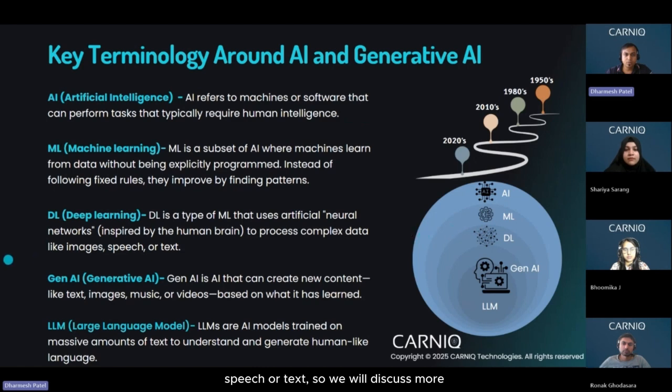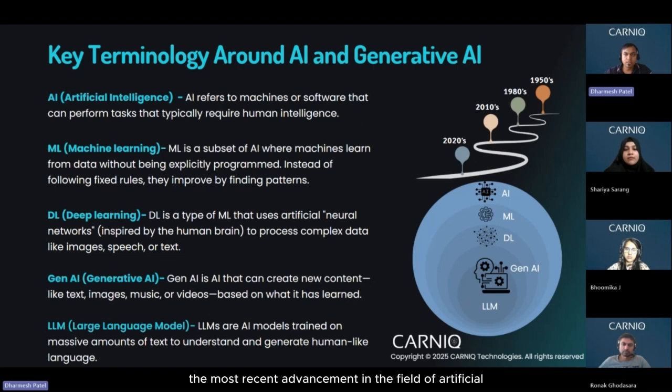We will discuss more details on neural networks in the coming slides. This also reached popularity during the 2010s and afterwards, and is something we use till today as the basis for all our next AI innovations.